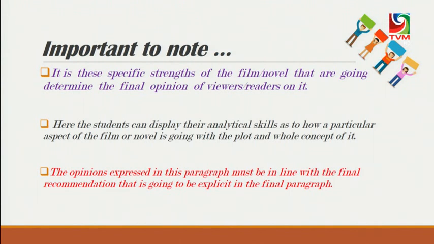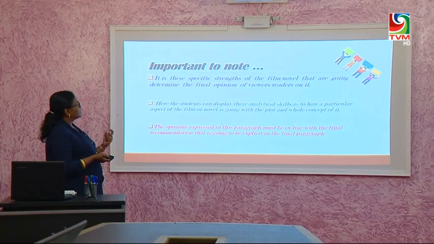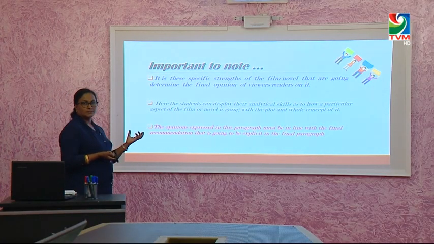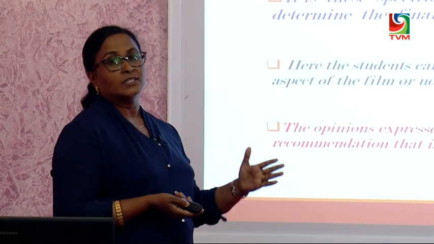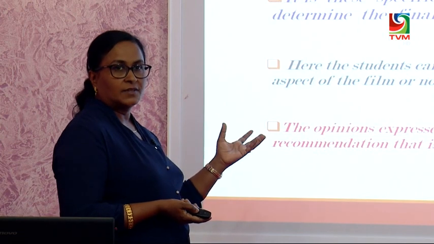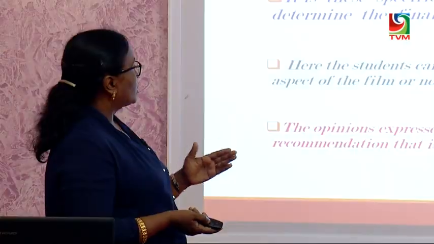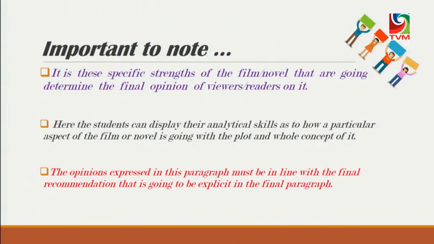So, when you are writing the third paragraph, you have to keep these things in mind. You will be talking about the specific strengths in that film, whether that movie was really good. It is not that you always have to write the positive; you can always write the negative as well. Then you can talk about your analytical skill, where you can express yourself very well.